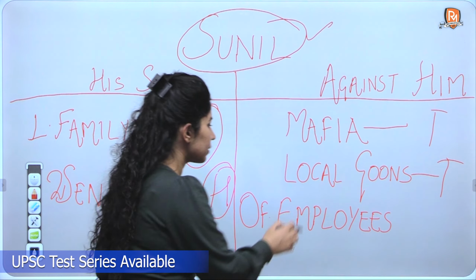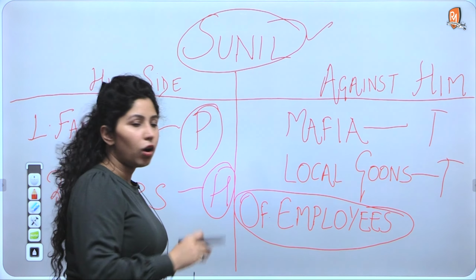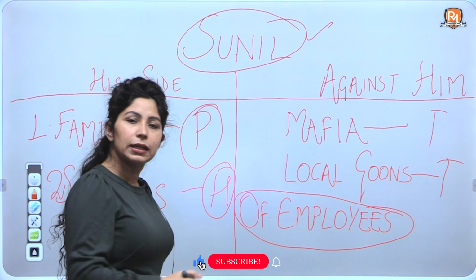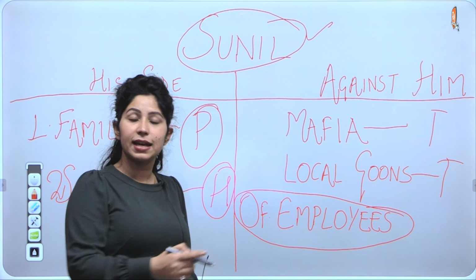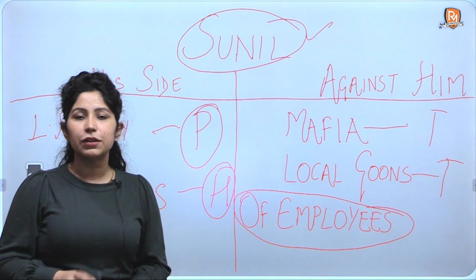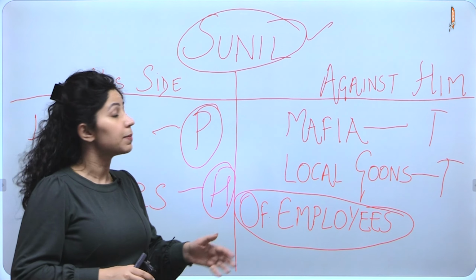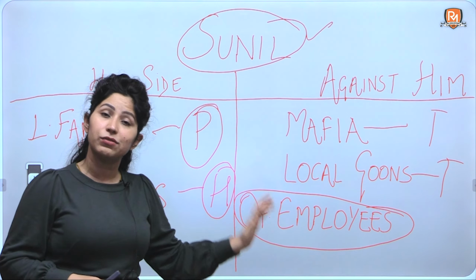The last point is office employees. So watch this very carefully. Office employees are somebody whom Sunil has to work with. He is posted there, either he gets transferred or he has to work with those office employees only. So even if he takes some disciplinary action against these people, these office employees are on their side and they will tell him.